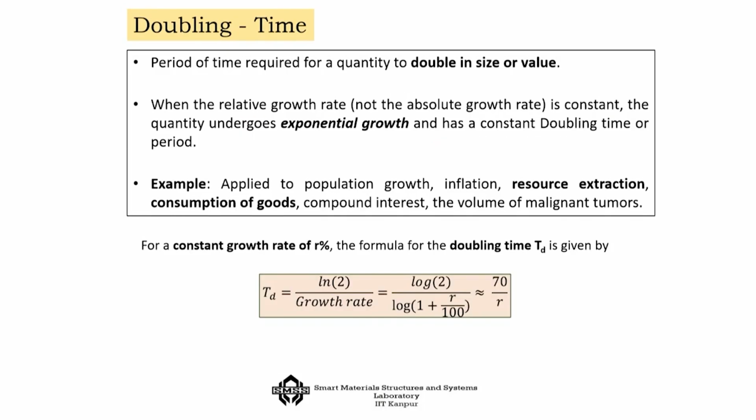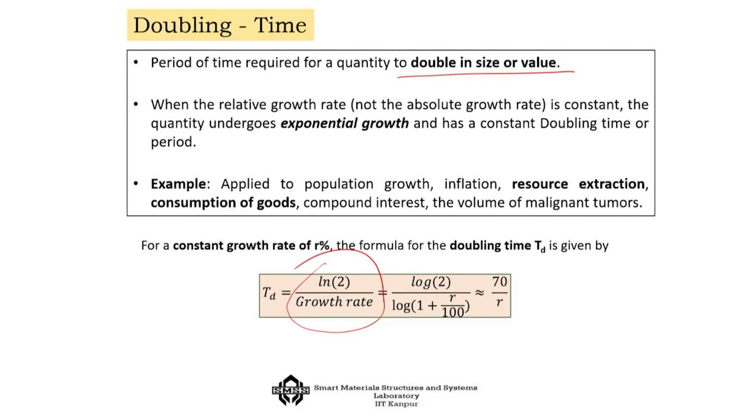Another important point here is the doubling time. That means, what is the trending material, that is the period of time required for a quantity to double in size or value, and that is approximately related to the exponential growth. We measure this doubling time in terms of the ratio of the logarithm to the growth rate of the system.